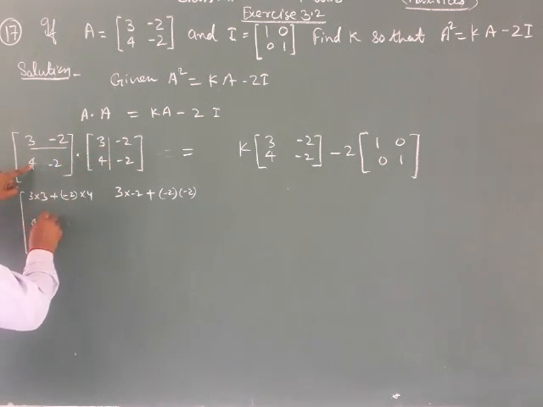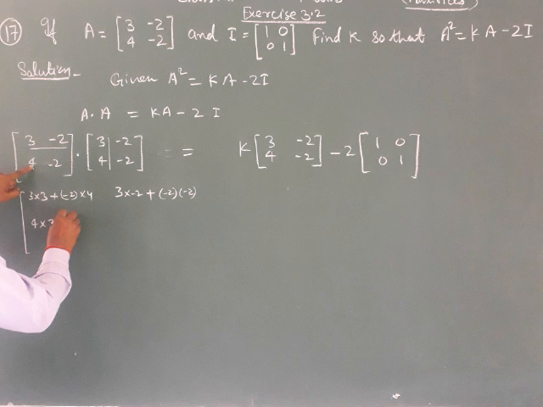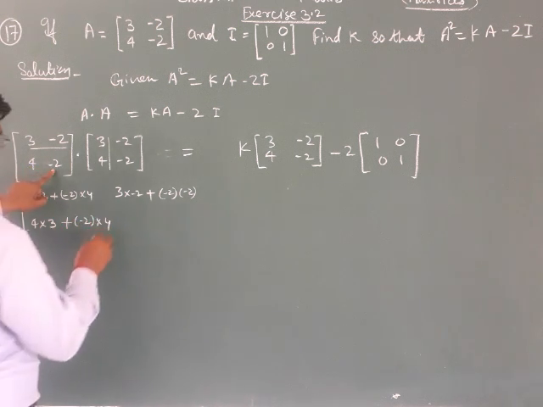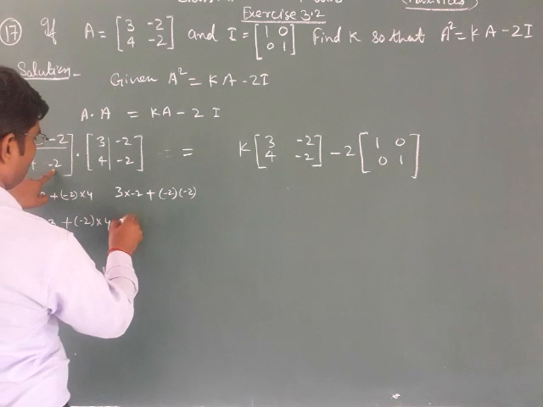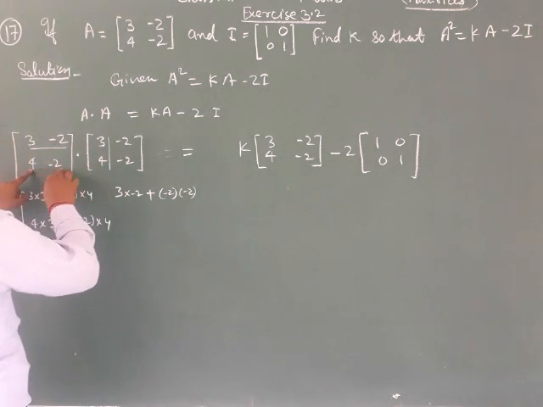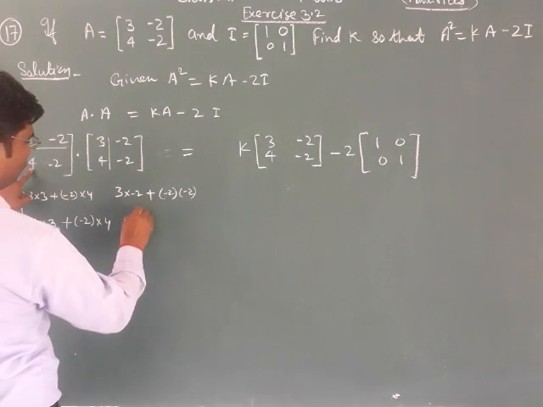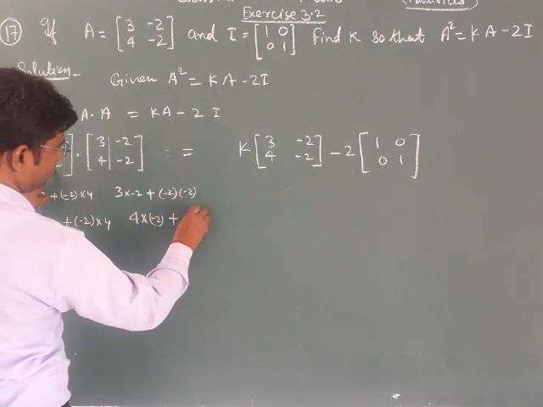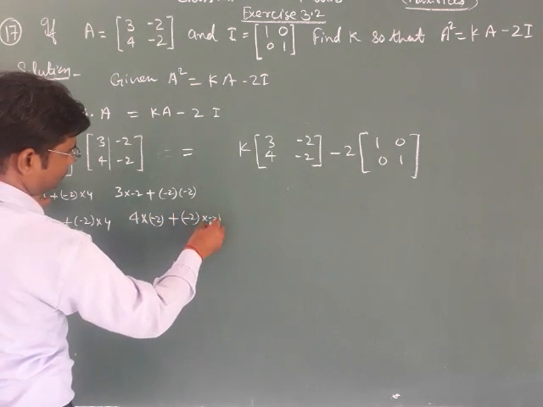And the second row with the first column: 4 into 3 plus minus 2 into 4, and the second row with the second column: 4 into minus 2 plus minus 2 into minus 2.